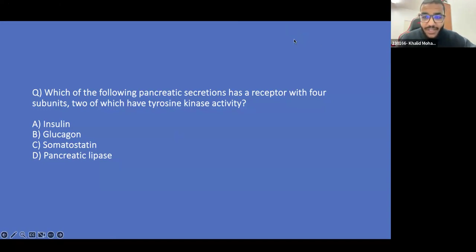Yeah, but what's the receptor? cAMP is the secondary messenger. Okay, so it's a G-coupled protein. Yeah. So that's the receptor for glucagon. For insulin, it's a receptor that's linked to tyrosine kinase and has 4 subunits.